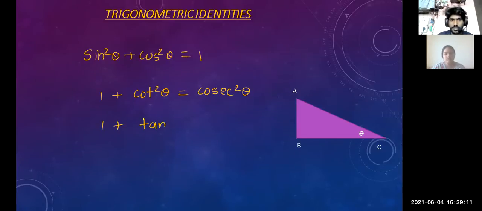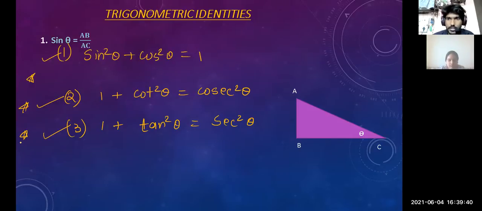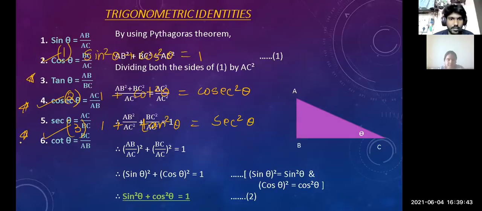So first, second, third. While solving the sums from the exercise, all of these three formulas will be used extensively. So you have to remember these three. Very, very important. Okay, you must have written it. So let's see next.